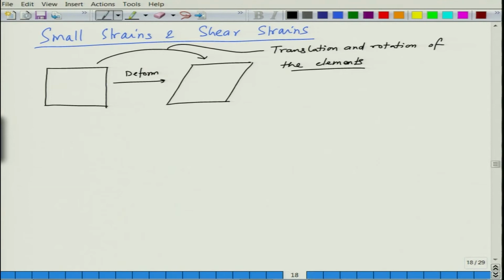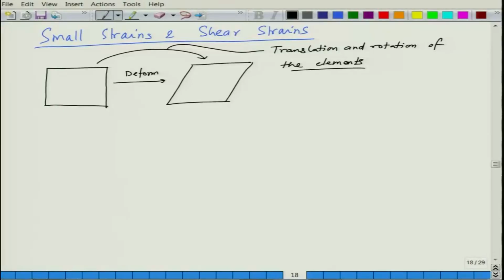Now, the strains have to be calculated in such a manner that you are able to do them independently of rotation and translation. You should look at the overall effect rather than getting into the nitty-gritties of translation and rotation. So, strain must overcome the individual translation and rotation effects.